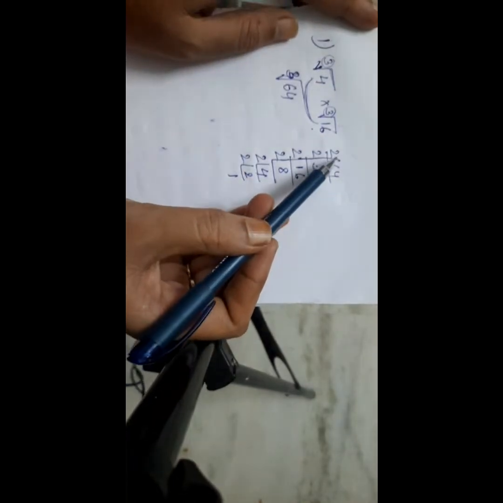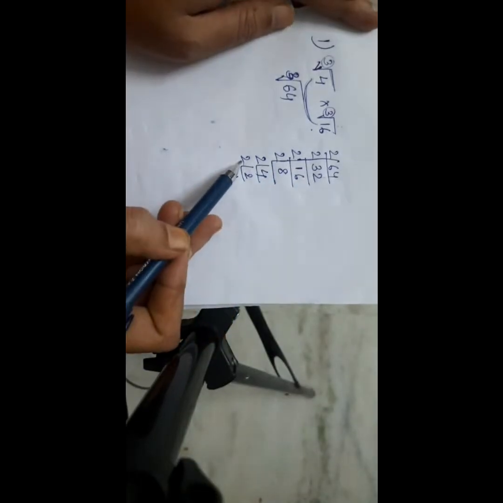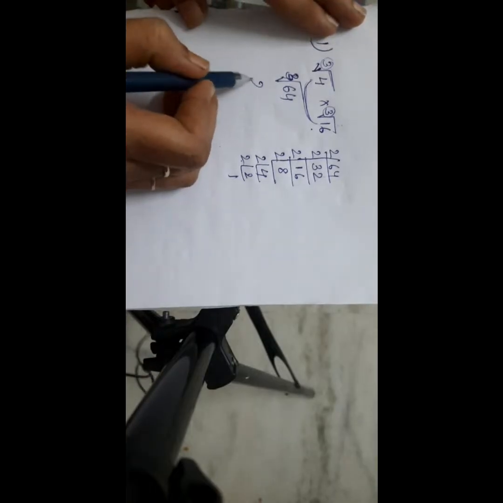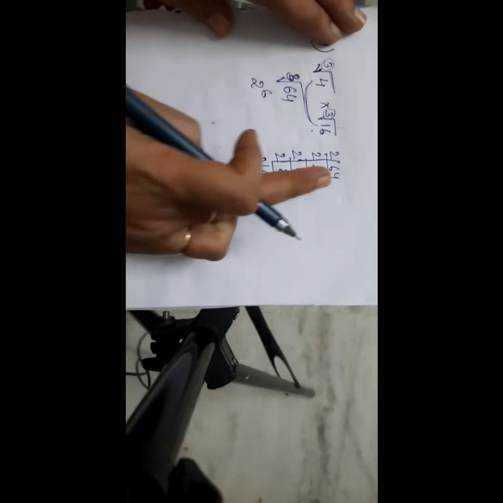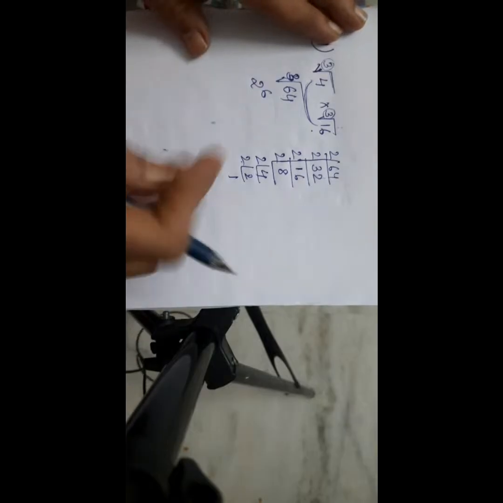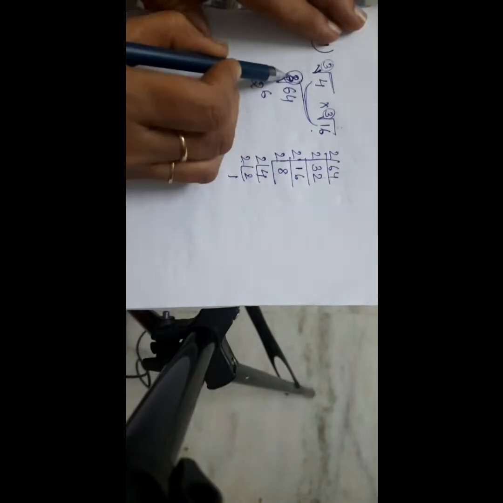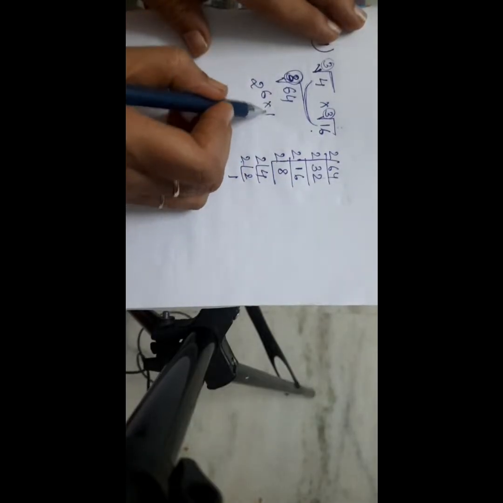64 we can replace as 2 multiplied 6 times, so we replace this with 2 raised to 6. And this is the cube root, so we write it as a fraction.